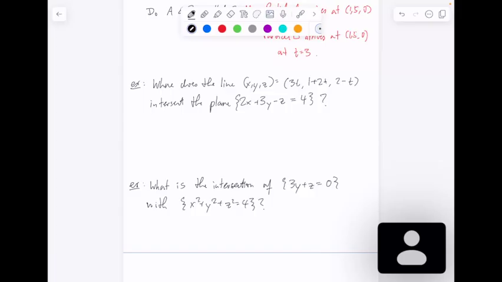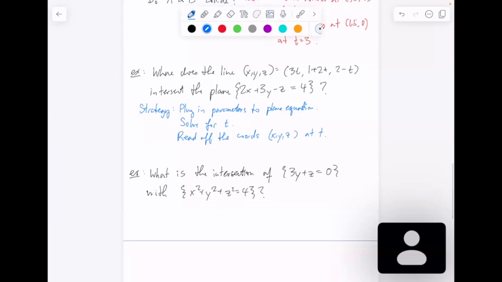So what should I plug in? Well, the strategy here is to plug the parameters into the plane equation, solve for t, and read off the coordinates x, y, z at t.